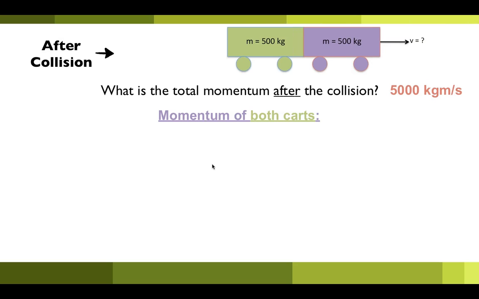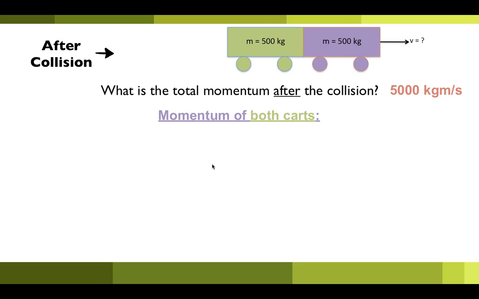And now we have to look at the momentum of both of the carts. Now we're going to be using the equation momentum equals mass times velocity again. But before we write that down, let's think about this mass that we're going to be using. So now we're looking at both carts combined as though they were one large cart. They're one object now.